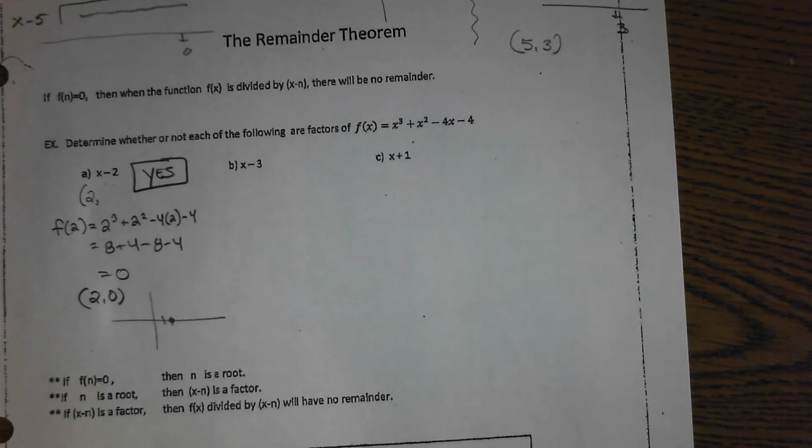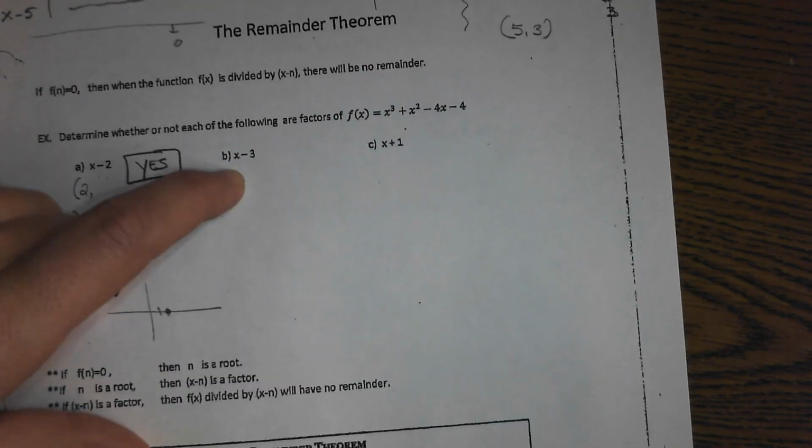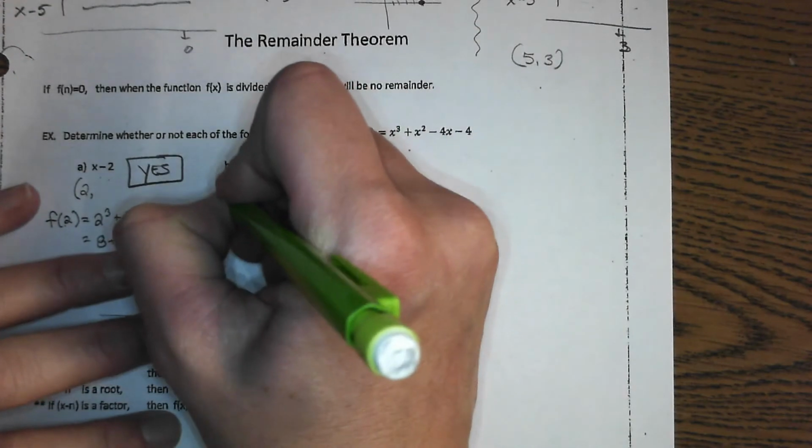In part B, to check whether or not it's a factor, can you still do long division? Absolutely, but it's just going to take you longer. If it says use the remainder theorem, they really just mean plug in what the potential root is going to be. If x minus 3 were a factor, 3 would be the potential root.